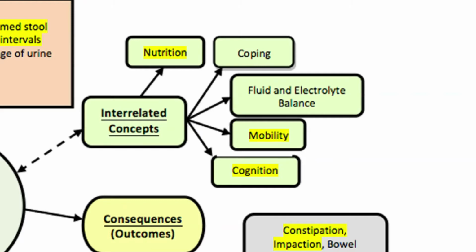So this is a definite difference. Cognition is a problem for her because she is confused and elderly, and therefore if we wanted to talk with her about what would be a good diet, or that she needs to drink more to hydrate so that the stool is not so hard, she would have trouble comprehending that.